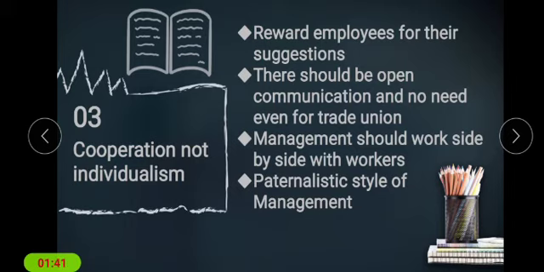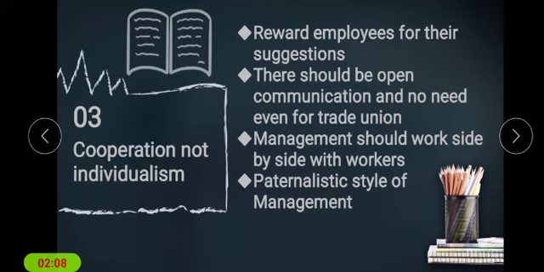To achieve cooperation, management should always welcome good suggestions of the employees, and they should be rewarded for their suggestions. At the same time, workers should not involve themselves in activities which are harmful for the organization, like strikes or lockouts or taking undue advantage of their position, etc.